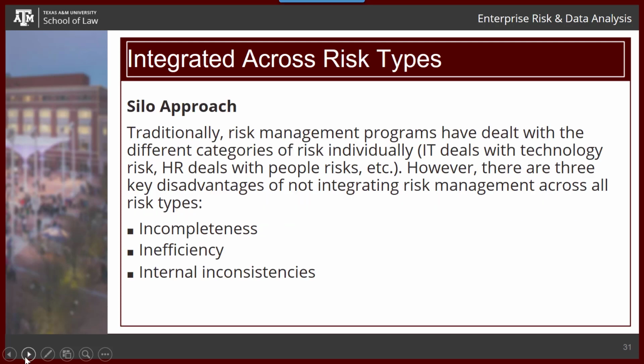Another problem we have is risk management programs that deal with one aspect. It's kind of like putting your goggles on. I'm an HR person, so I see everything as people risk. I myself am a technology person. How many of my examples have been from technology companies, right? I see it as an IT risk or I see it as a cyber risk. We have to be careful of this.